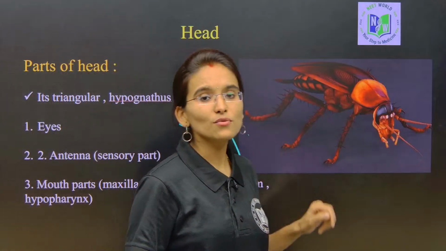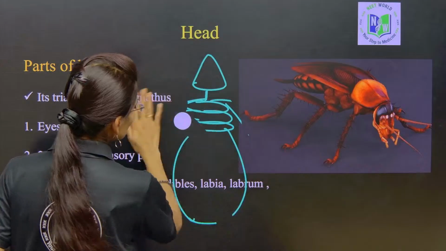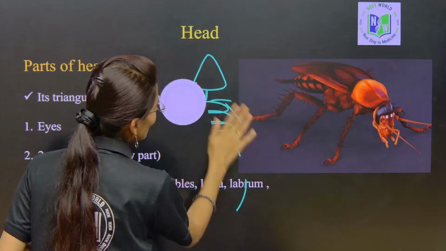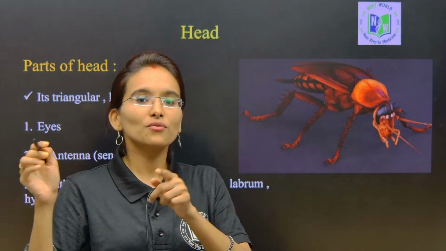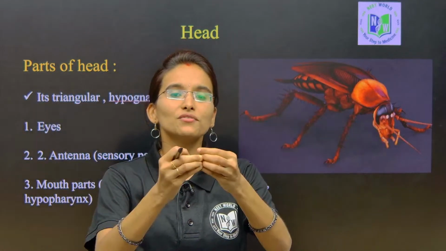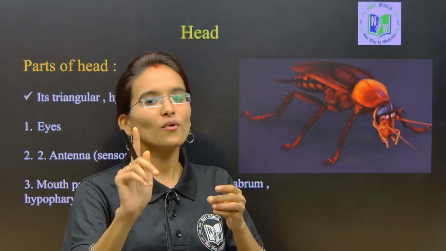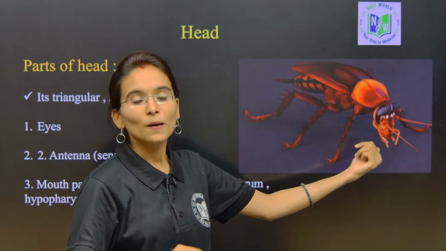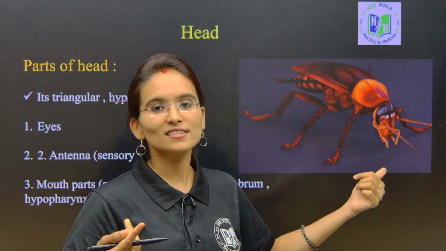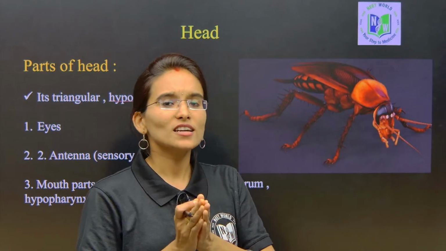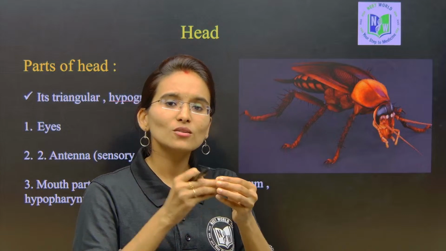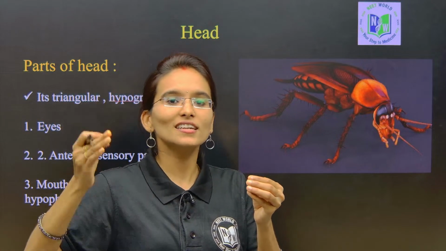The head is formed by the fusion of 6 segments, my dear students: 1, 2, 3, 4, 5 and 6 all fuse and form only one segment, that is the head. But when it comes to the thoracic segments, 1 to 6 are fused into the head, and what is left are 7, 8 and 9.